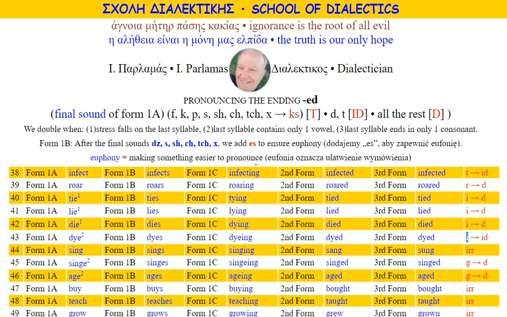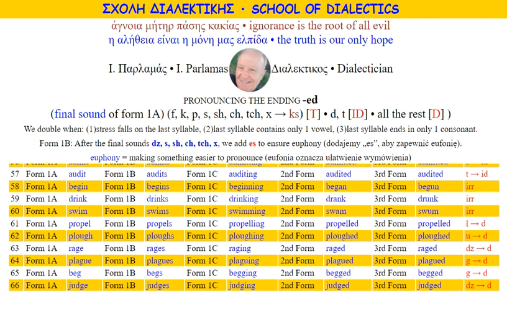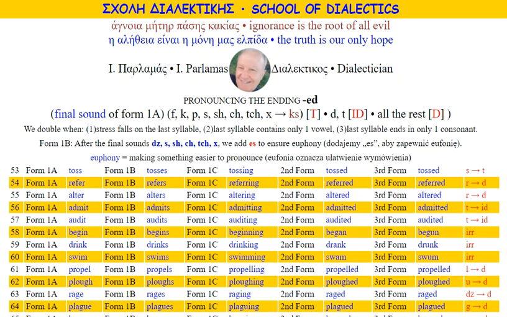Okay, so sing, sings, singing, sang, sung. We don't say sung. This is sung. This is sang. Sang, sung. We have many verbs like this. For example, let me see.